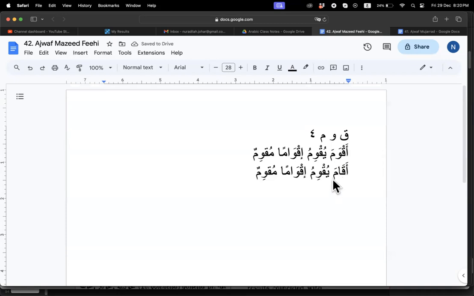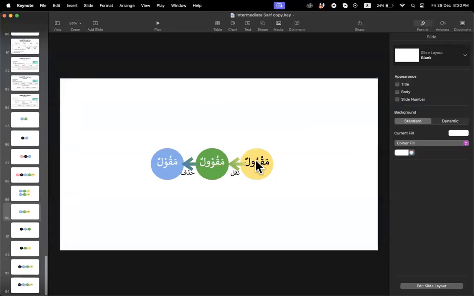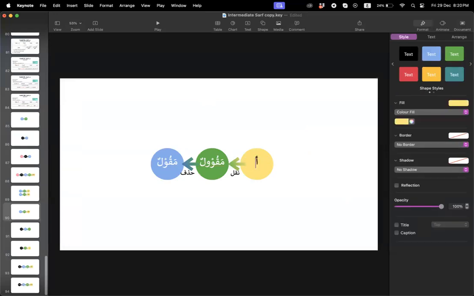Aqoma. Okay, so basically, if you do this one, aqwama, and then change the harakah around, you do naql.